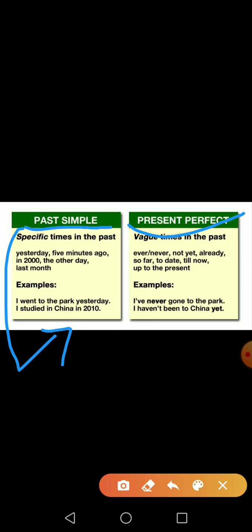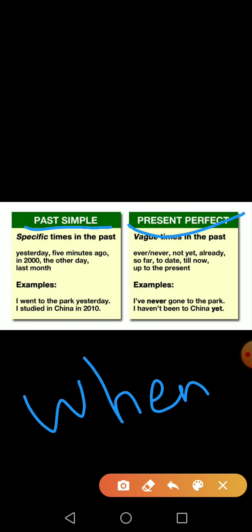Let's see the other example. I studied in China in 2010. So where's the verb here? The verb is studied. And as you notice, it ends with ed, and that means it is in the past. So the question to be raised: when did this action take place?